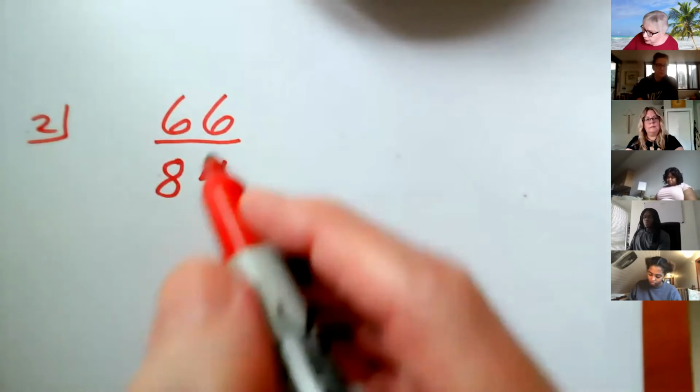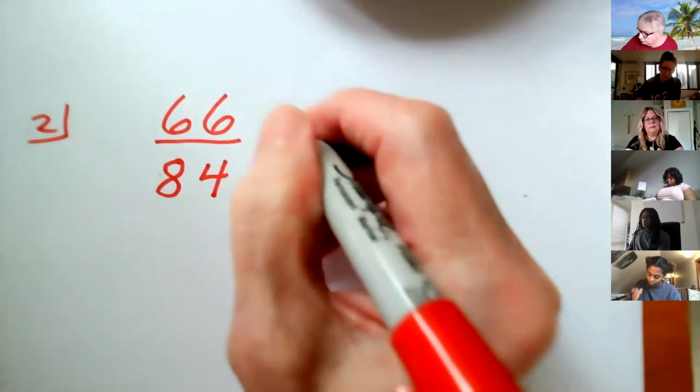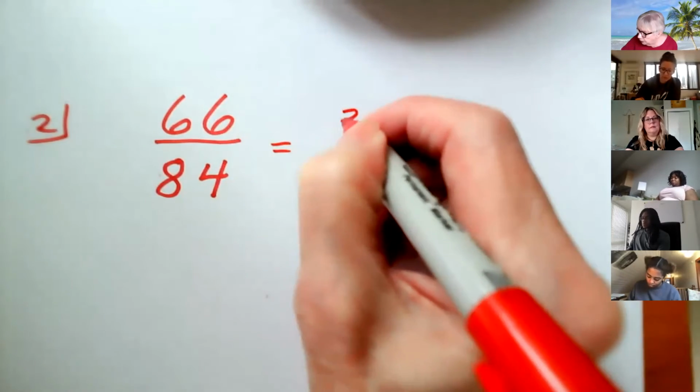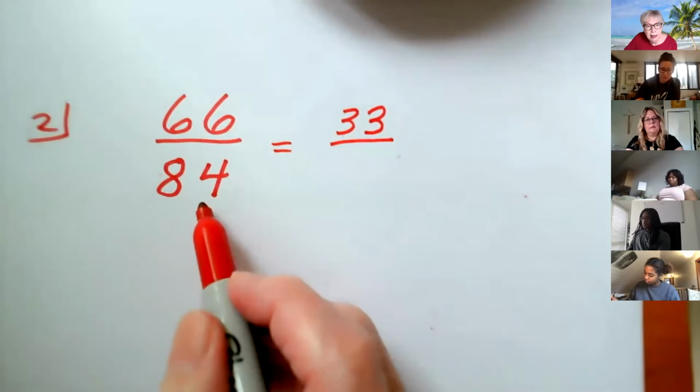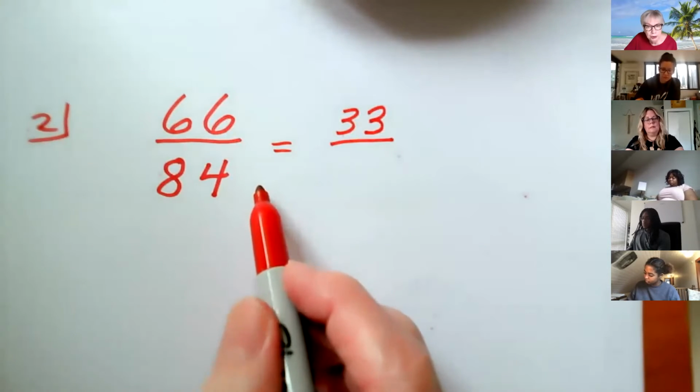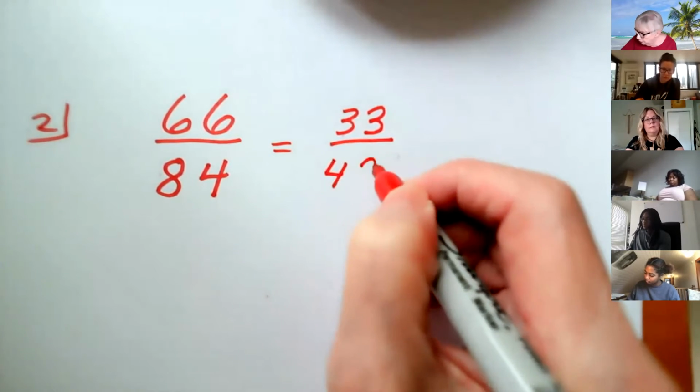So if I try to reduce this by canceling, one thing I might notice, and this might take me several steps, but I'm going to show it to you a couple of ways. Since they both are even, they would both divide by 2. So I'm going to take 66 and divide it by 2, and I'm going to get 33. And I'm going to take 84 and divide it by 2, and I get 42.